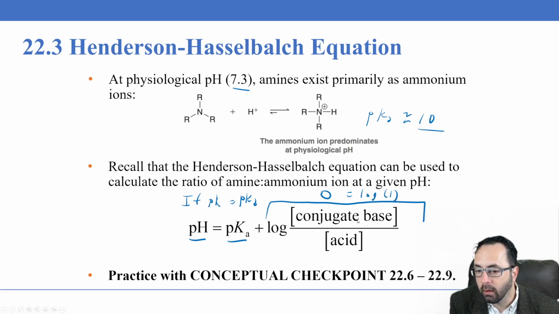And so if the concentration of the protonated amine and the conjugate base are equal, that will occur when the pH equals the pKa. If the pH is lower, we're going to have more of the acid component. If the pH is higher, we'll start to have more of the base component. Since biological pH is more acidic than pH 10, we're going to have about 1,000 times more of the protonated amines than the unprotonated at biological pHs.